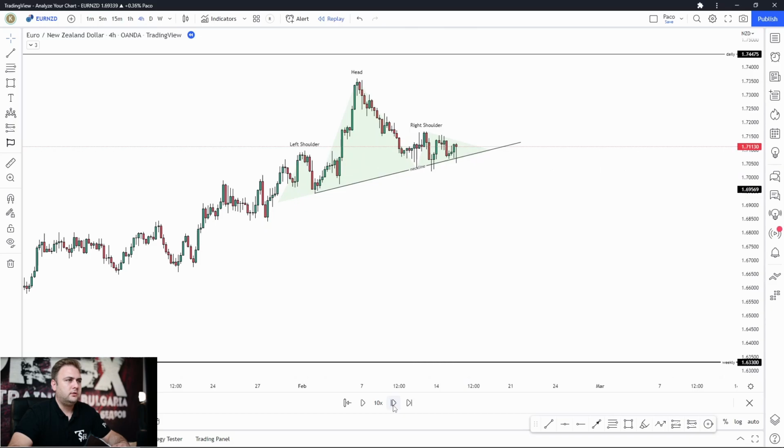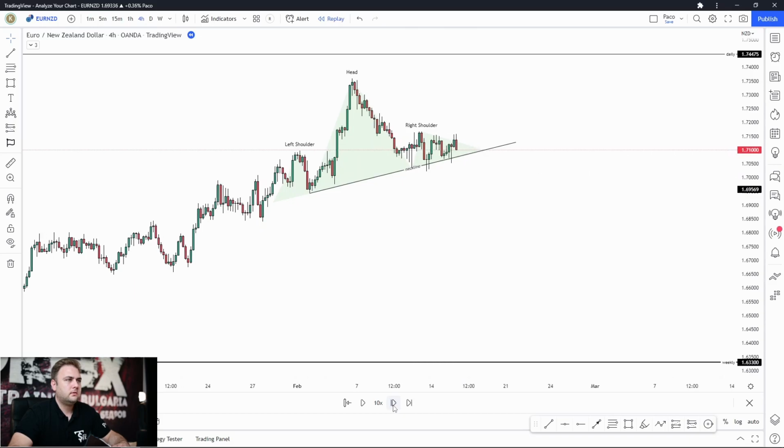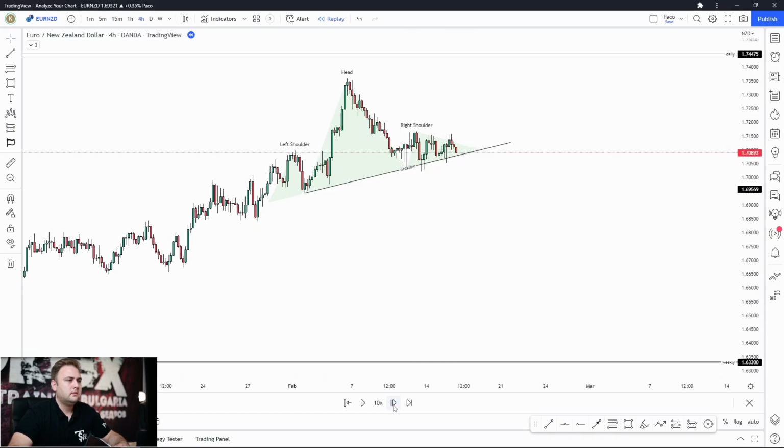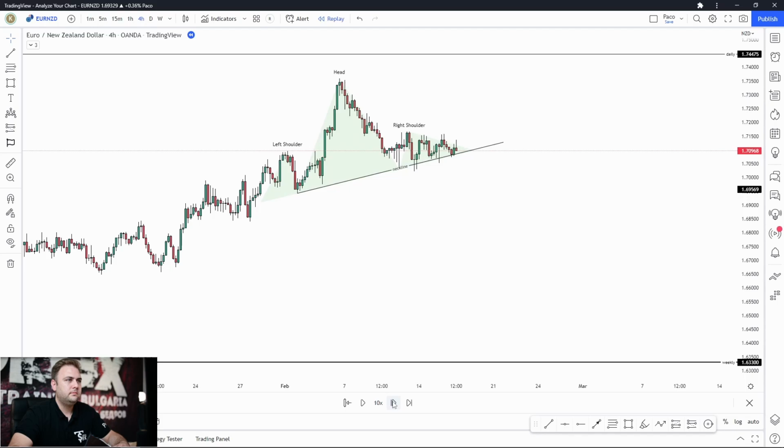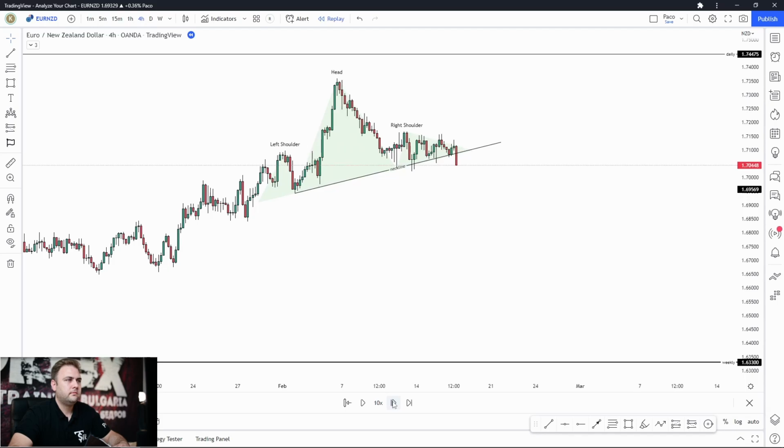This is not our entry again. This is still not our entry. Here the price is breaking the neckline and this candle is closing below the neckline. So this is our entry in short position.